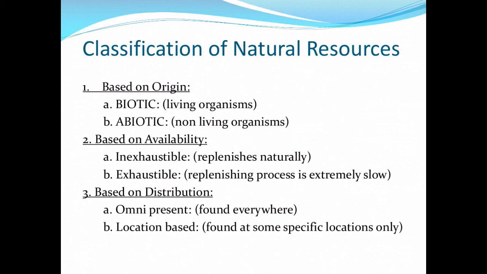Next, based on distribution: omnipresent and location based. Omnipresent resources are found everywhere, like water and plants. Whereas rocks, minerals, and some soils are present only at particular locations, like diamonds, gold, iron, bauxite, or limestone.